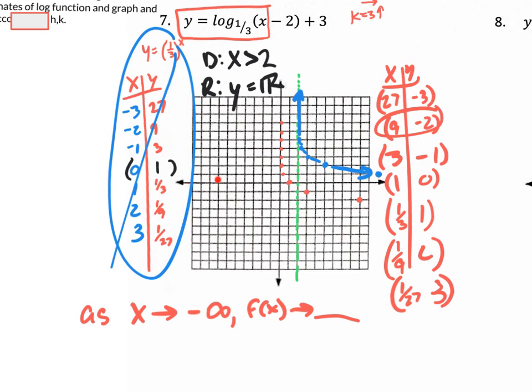Here your x values are left and right, and this is saying look at it to the negative infinity. Well, if you're going from the right to the left, does it ever go down? No. Right here, the y value is 1. Right here, the y value is 2. Y value 3, 4, 5. So as you're going to the left, it's going up forever. So that'd be positive infinity.